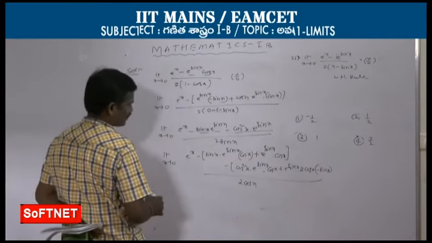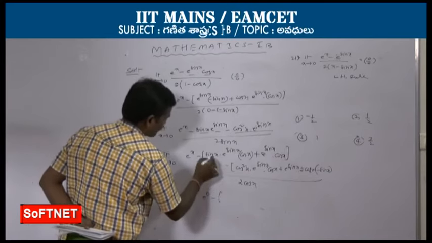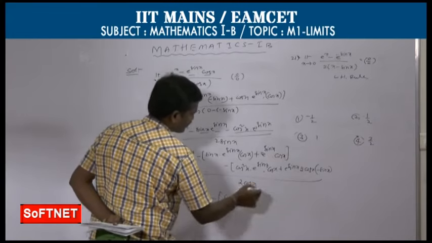Now substitute x equals 0 in the numerator. e^0 is 1, minus sin 0, which is 0.